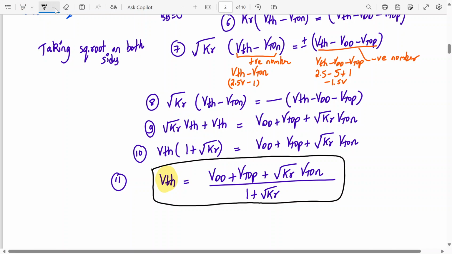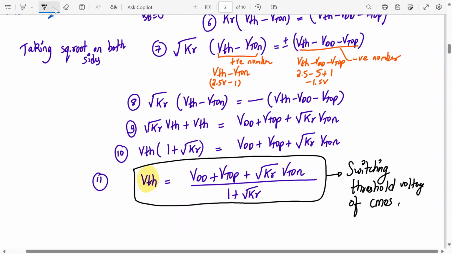Okay, so this is called the switching threshold voltage of the CMOS inverter, and it is used in almost all the numericals. Now you can write it in a different form also.